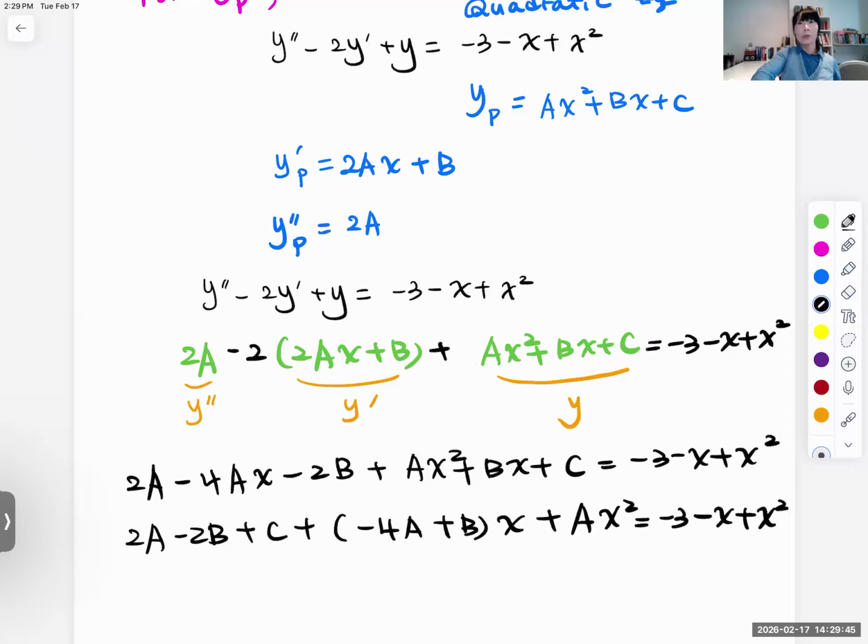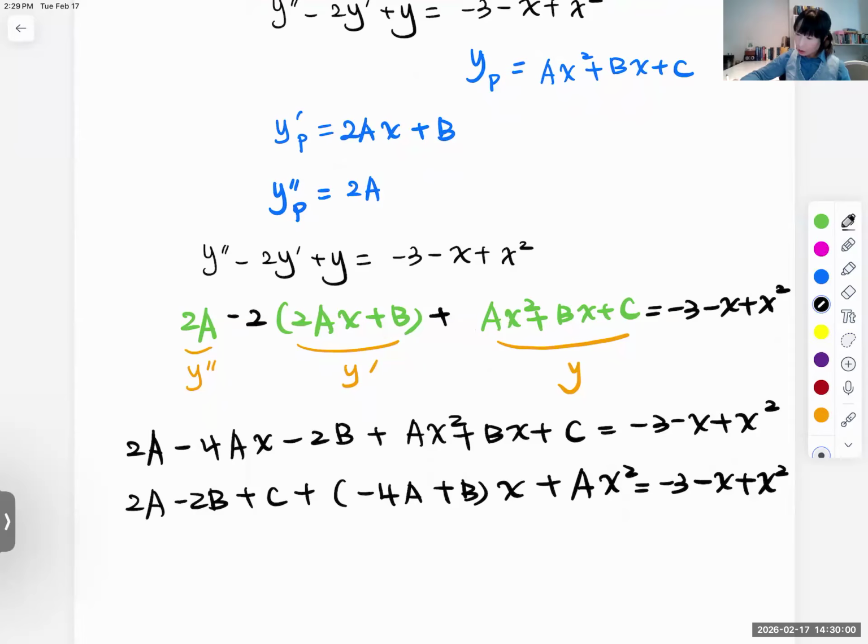Let me double check. Okay, we good? Now this is corresponding: ax squared with x squared, and this one corresponding.